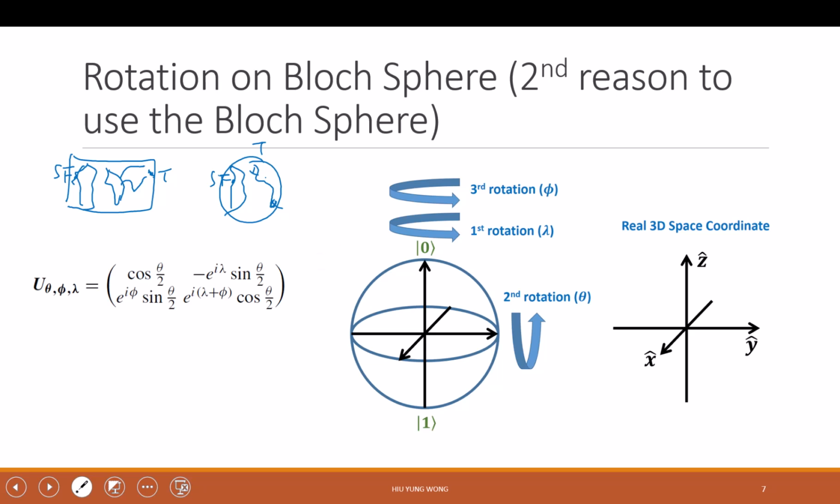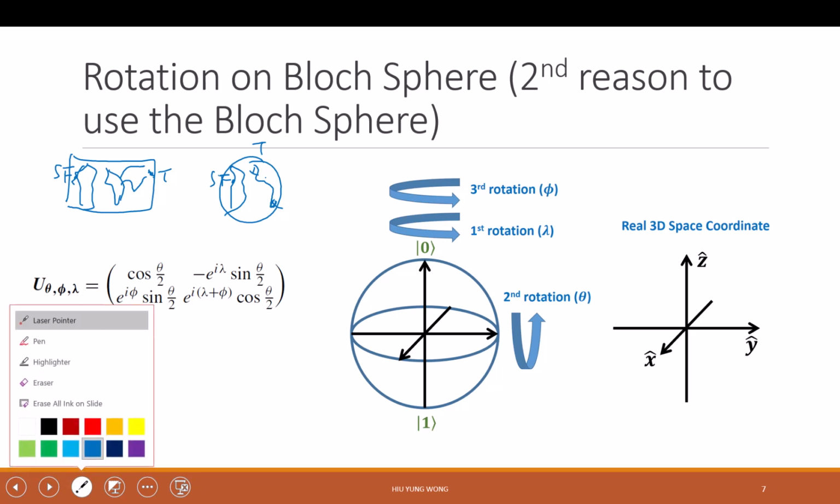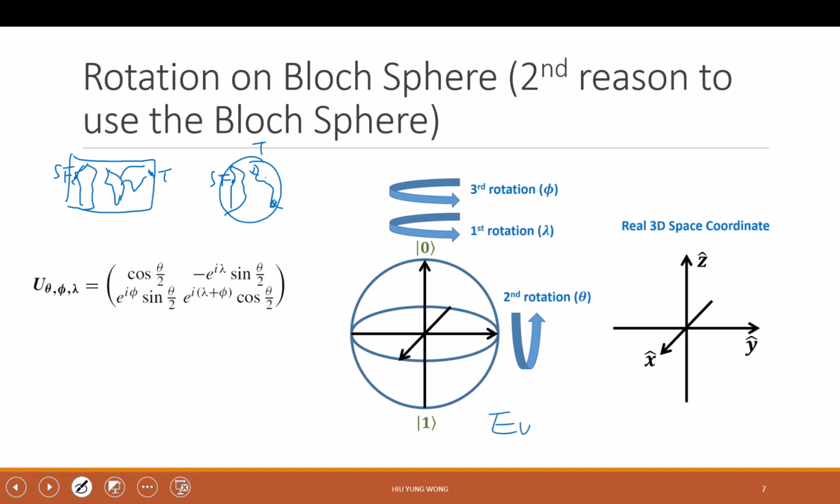So now, if you want to rotate a point from one point to another on the Bloch sphere, you can decompose it into three rotations, and that is called the Euler rotation. We don't prove it here, but you can prove it or look at my book. Basically, I can decompose all rotations. So here is a unitary gate.